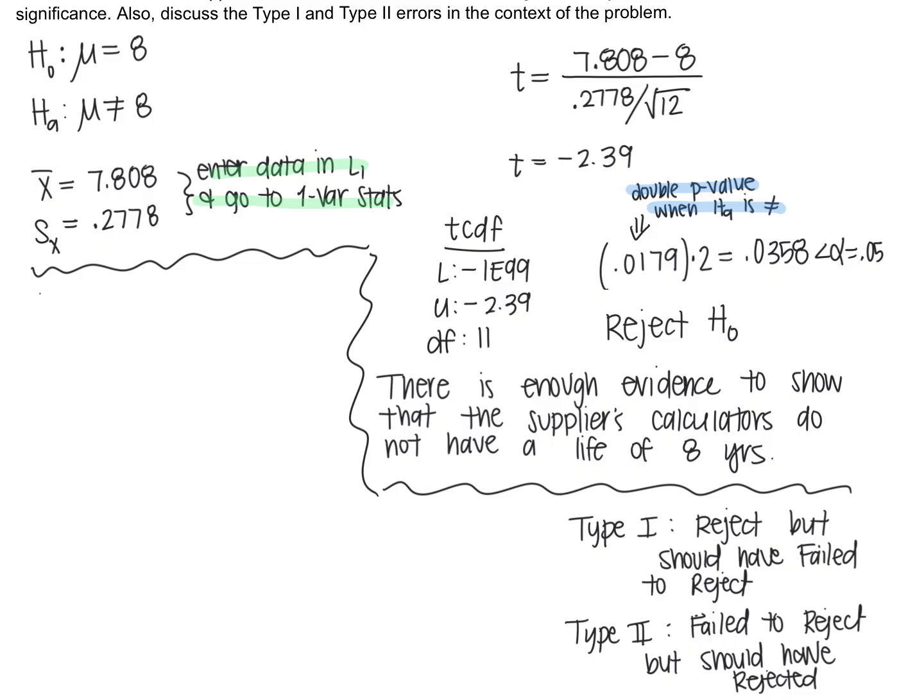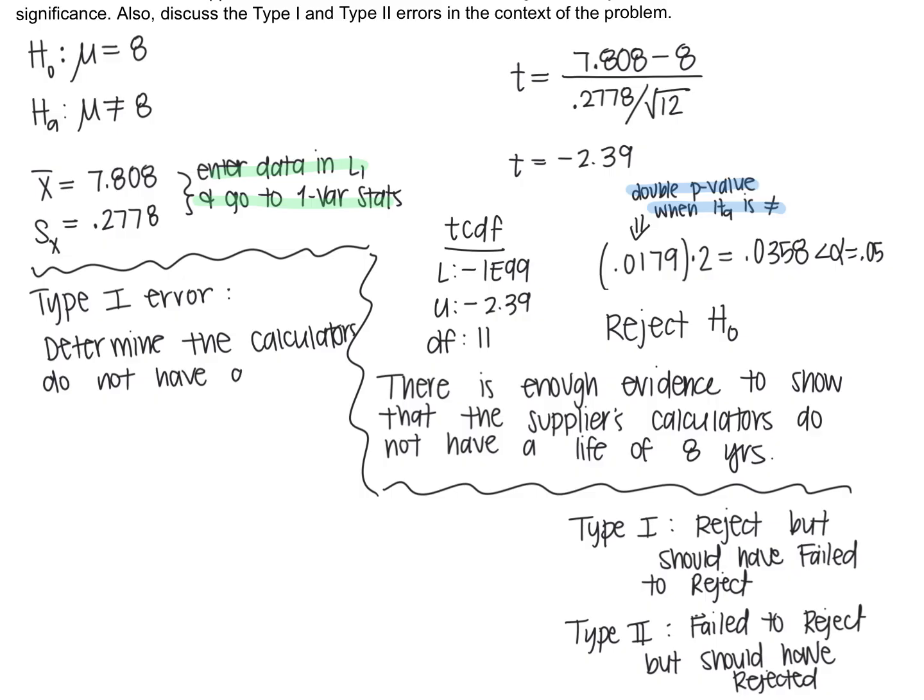So for the interpretation, it is in the context of the problem. So for a type 1 error in this problem, rejecting would mean you determine the calculators do not have an average life of 8 years, but you should have failed to reject.